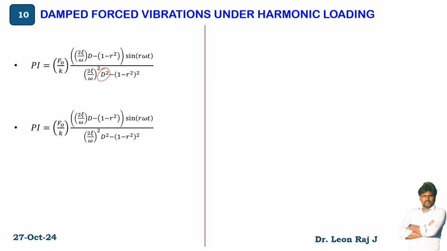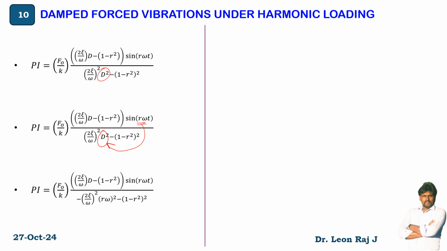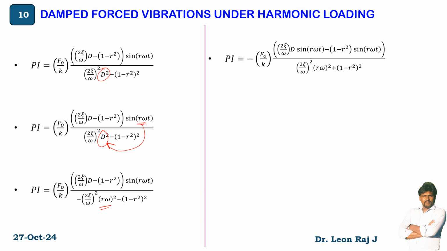So you multiply this whole term with this; d square should be replaced with minus r omega square. So here the r omega is replaced here. So here this is r omega square, and you can multiply this sine r omega t in these places.